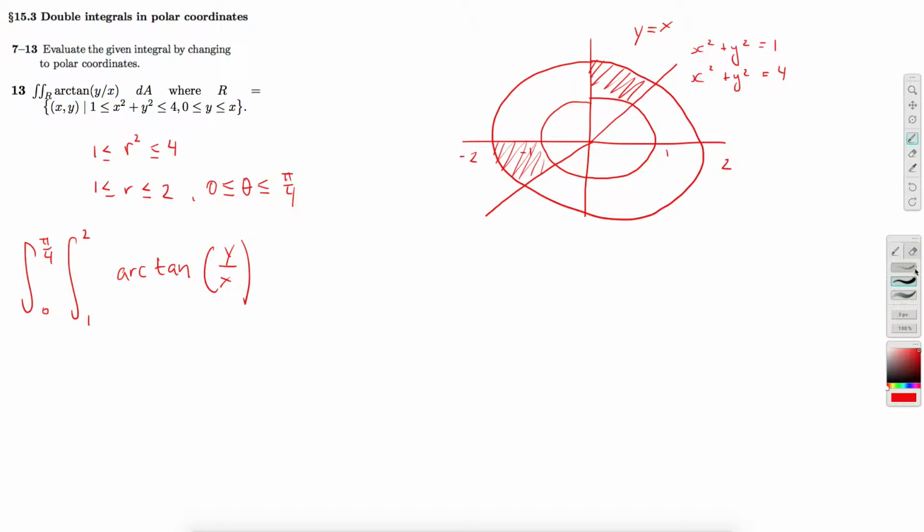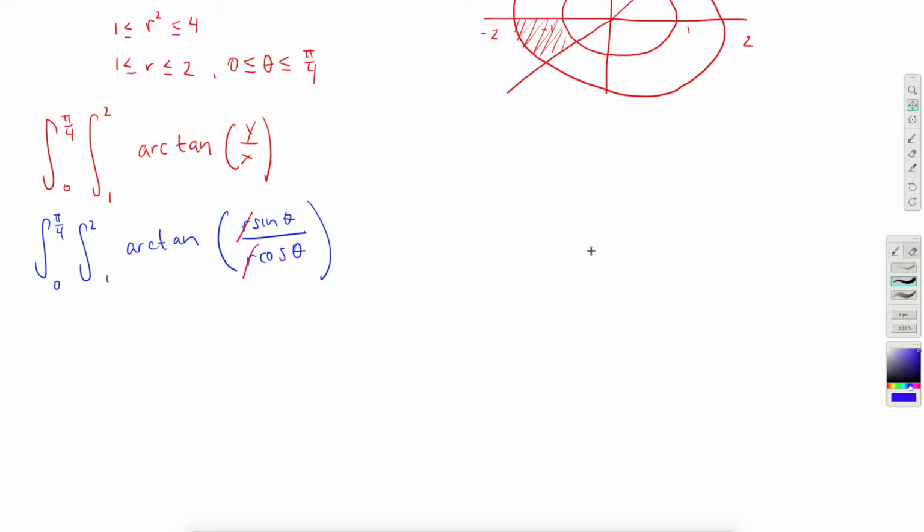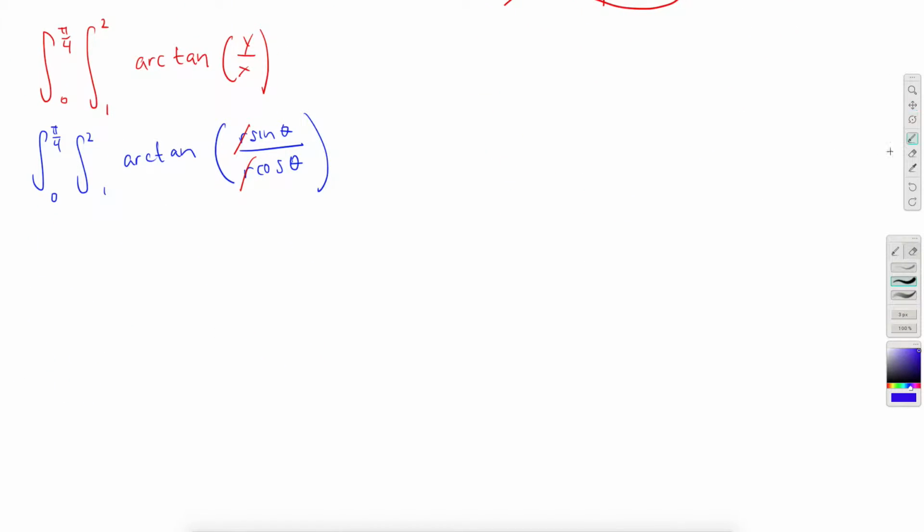And then we're going to rewrite this as arc tan of r sine theta over r cos theta. And we know these r's go away. And we also know, and this should have d theta. Oh, there should be an r there as well, shouldn't there? Whoops.